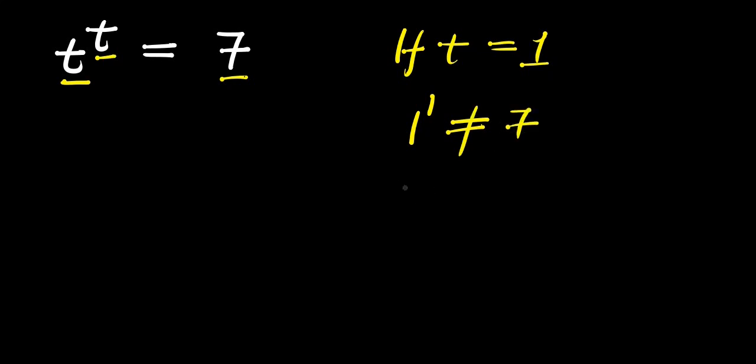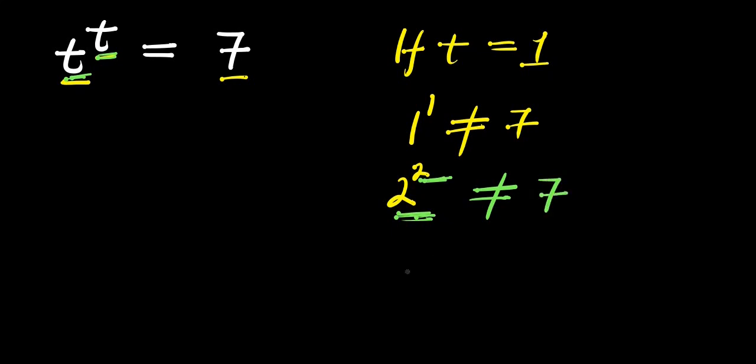So even if you go ahead and substitute 2, you have 2 to the power of 2, because whatever number you have here, it must be the same number you have at the exponent, because the t you have here is exactly the t that you are having here. So whatever number you are having here must be the same at the exponent. And once you have 2 power 2, this will also not give you 7.